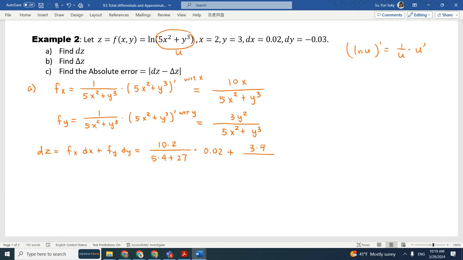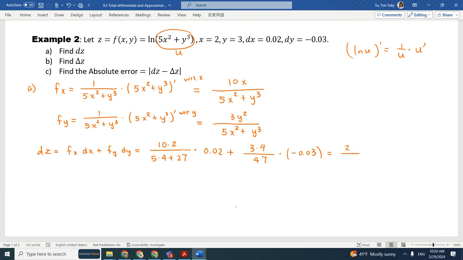And the denominator. Do you see the denominator is the same as before? Oh, by the way, what's 5 times 4? 20 plus 27? 47. Good. And what's dy? Yes. Good. So let's simplify.